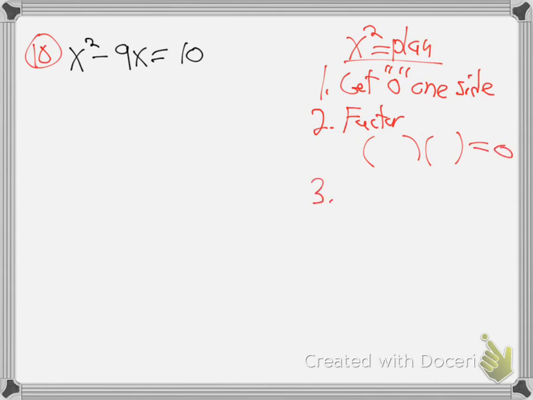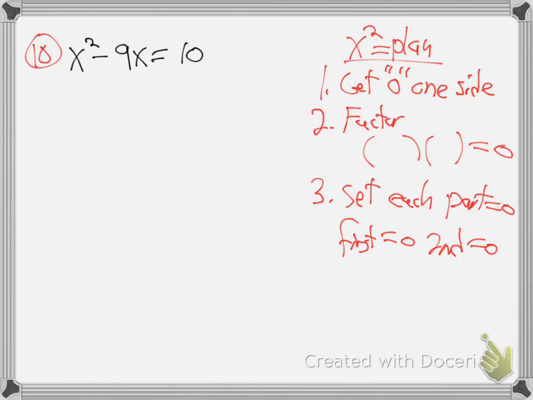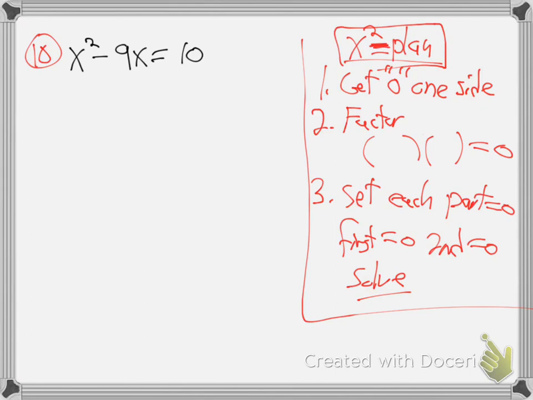And step 3, set each part equals 0. So the first part equals 0, second part equals 0, and then solve. So that's the game plan that you always want to follow whenever you have an x squared with an equal sign.